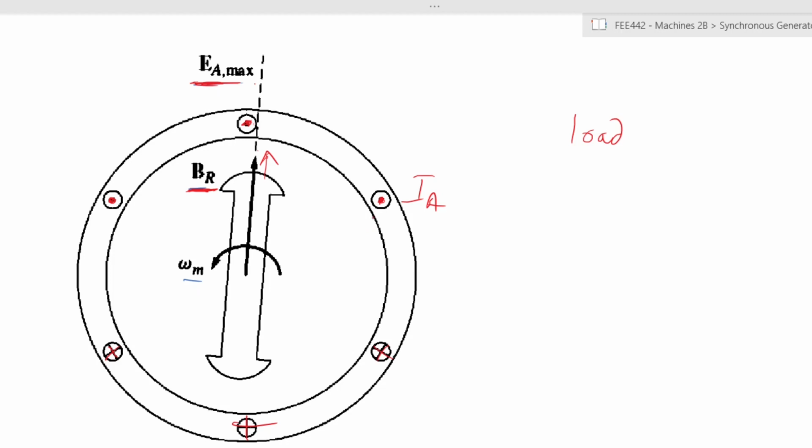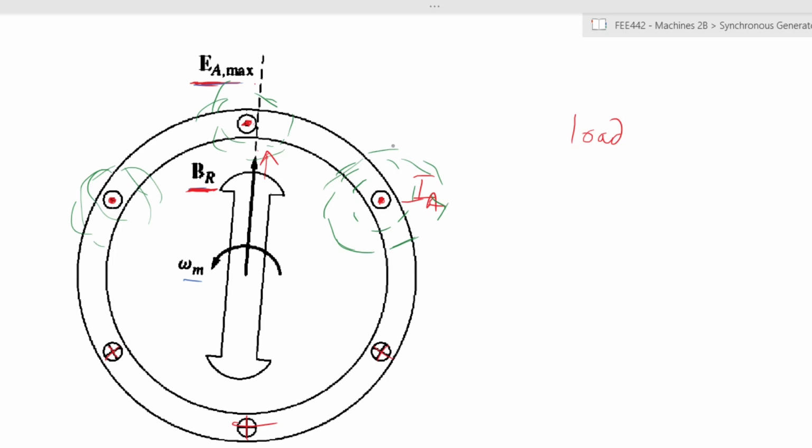What you will find is your current IA, remember this is a rotating magnetic field. Because you have your current IA, you will in turn have IA also creating magnetic fields, because of the action of a current flowing inside a conductor. A current flowing inside a conductor sets up a magnetic field around it.